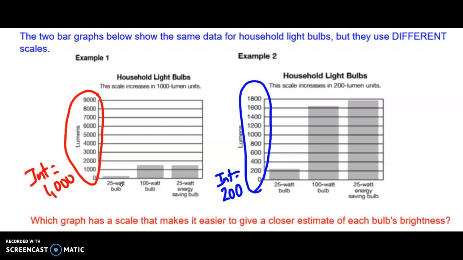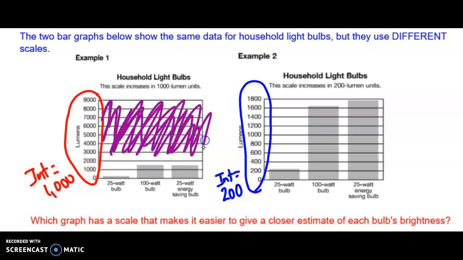Okay, so I hope that you're sitting there thinking in your head, Mrs. Lehman, is example 2. Okay, if you weren't thinking example 2, I'm going to tell you why you should have been thinking example 2. So when we look at example 1, the reason that it's not the best choice is because our scale goes the whole way from 0 to 9,000, look at all of this wasted space.